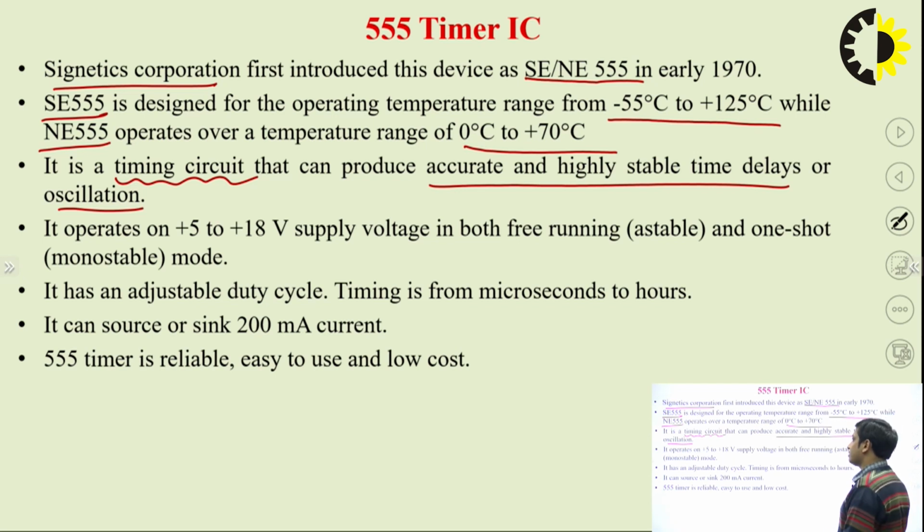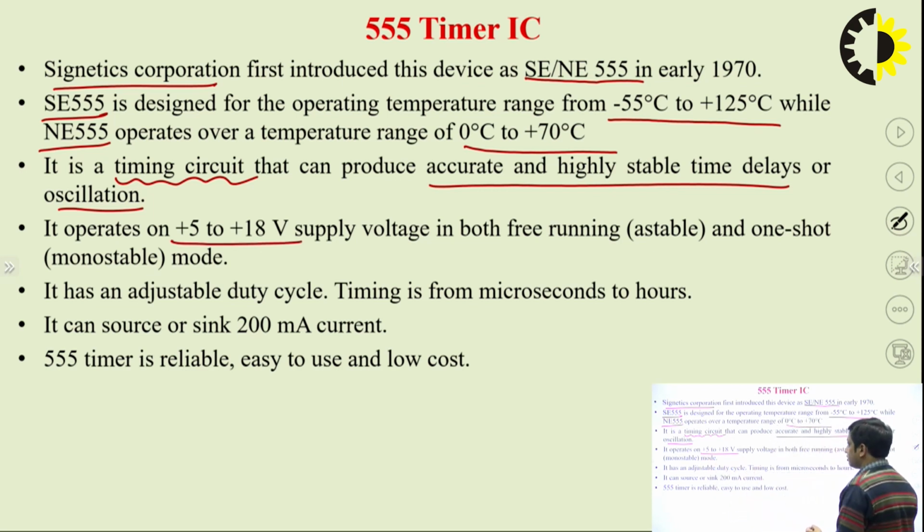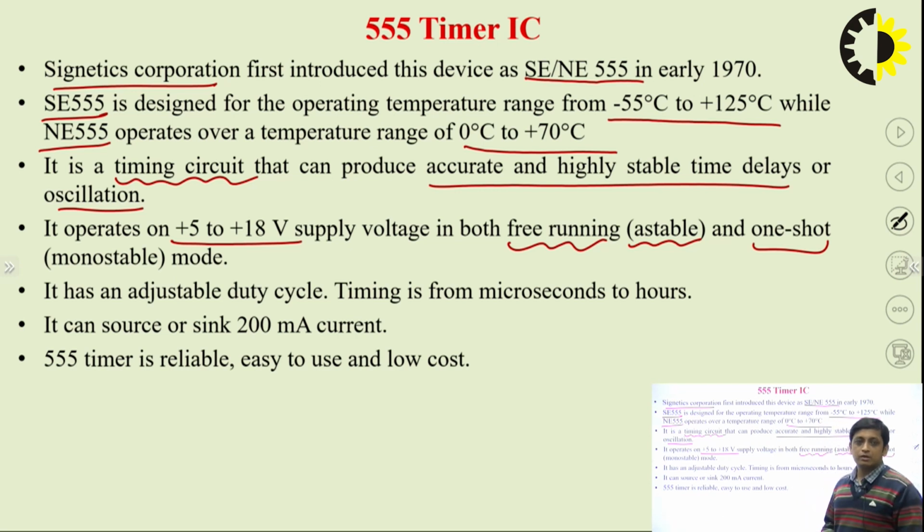This 555 timer IC requires a supply voltage of +5 to +18 volt in both the free running and one shot mode. Free running is also called astable mode, and one shot mode is also called monostable mode. In this astable mode, there is no stable state. So the output keeps changing its state from low to high and high to low.